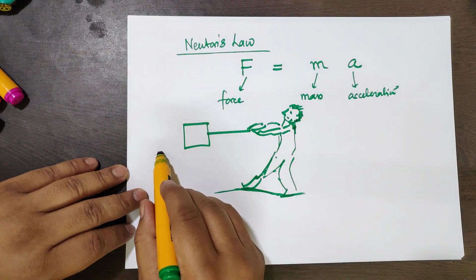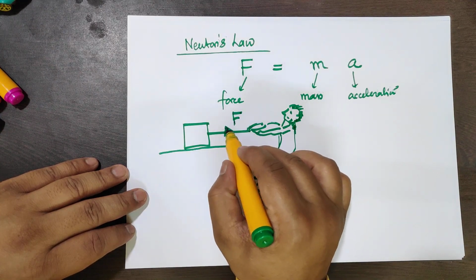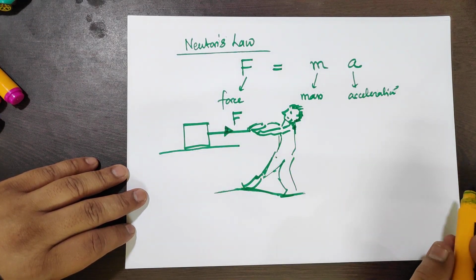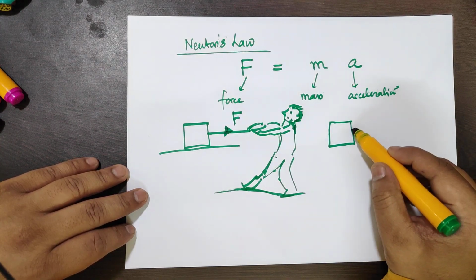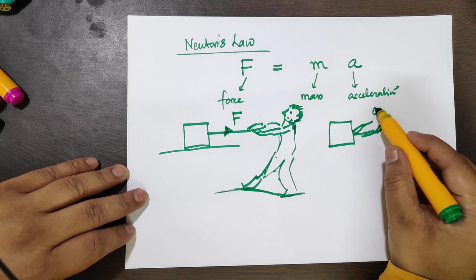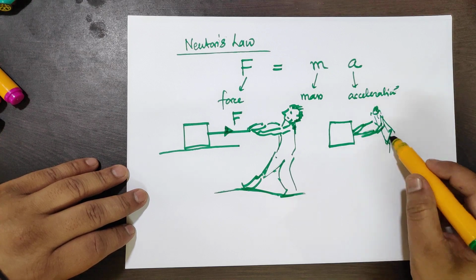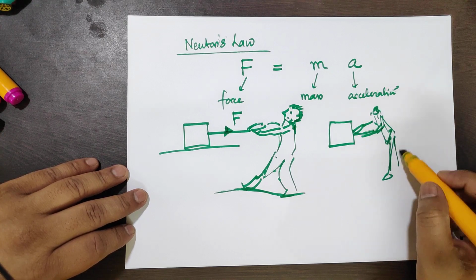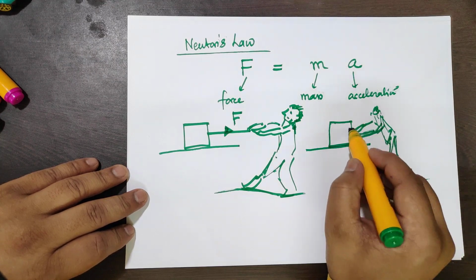You are applying force on the block in which direction? This way. Force, this is the direction of force, this is a pull. Or you can also push the block.